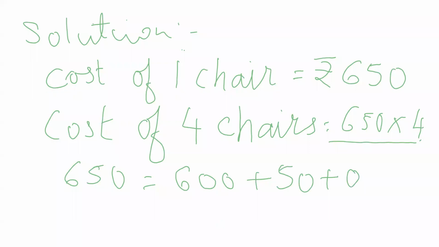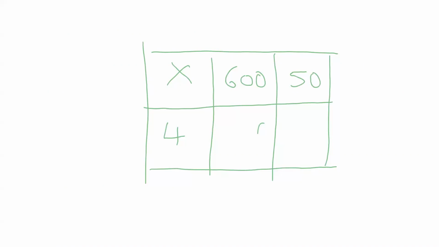Let us draw the table. 4 zeros are 0, 4 zeros are 0, 6 fours are 24. Again 4 zeros are 0, 4 fives are 20.